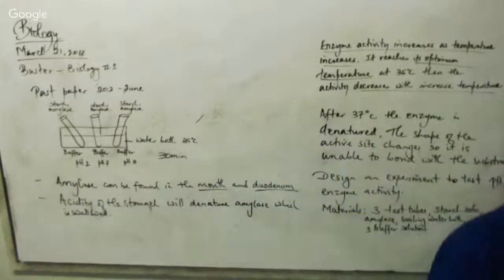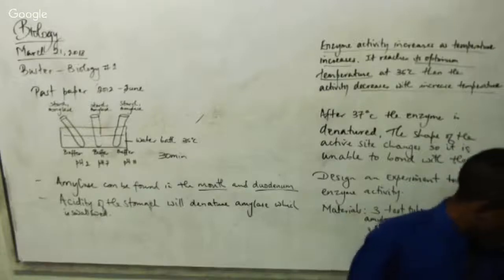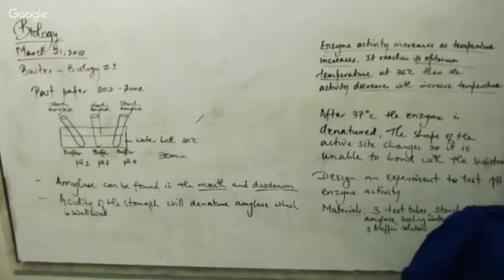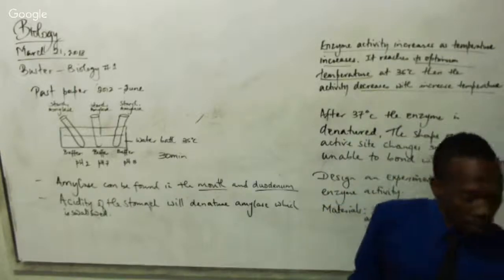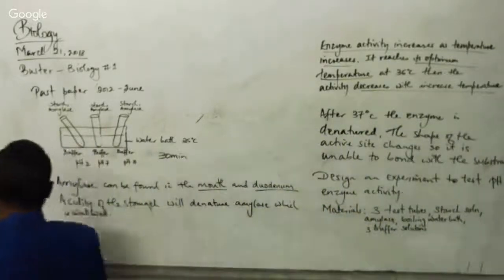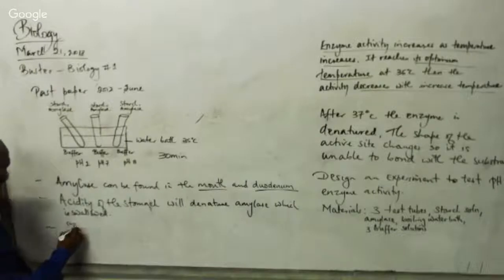So the next part says, name an enzyme which works best in the stomach. So it's asking you to name the enzymes from the stomach: pepsin and renin.